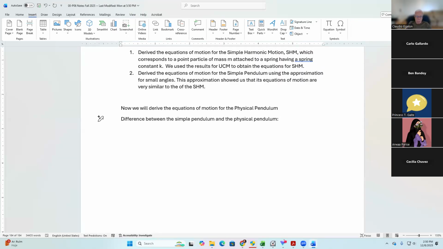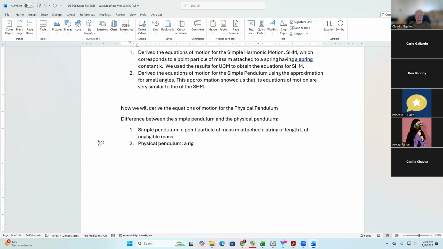The simple pendulum is a point particle of mass m attached to a string, not a spring, but a string, of length L of negligible mass, right?